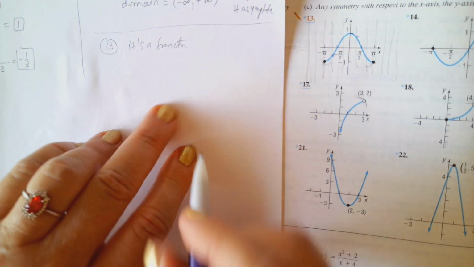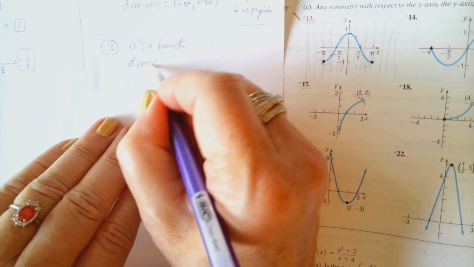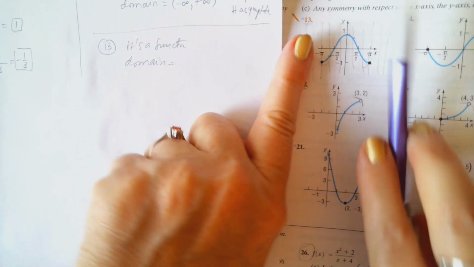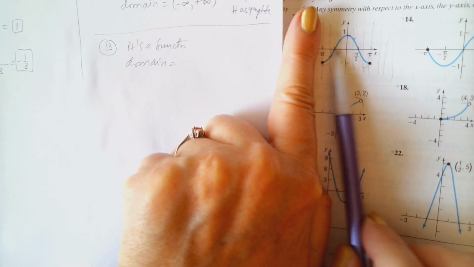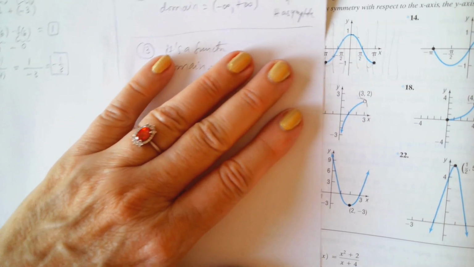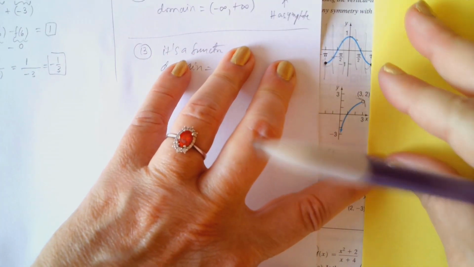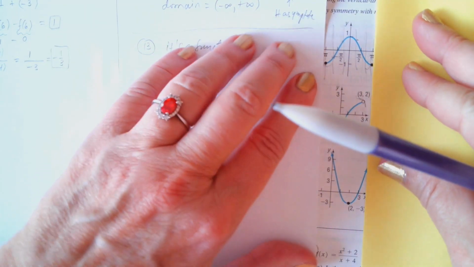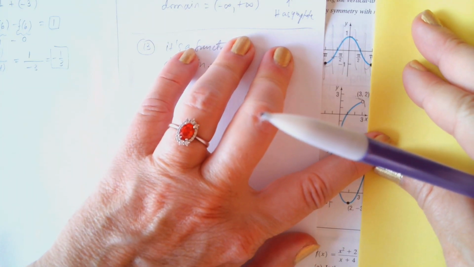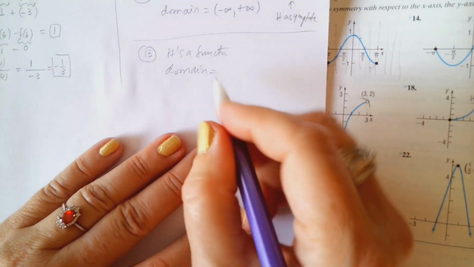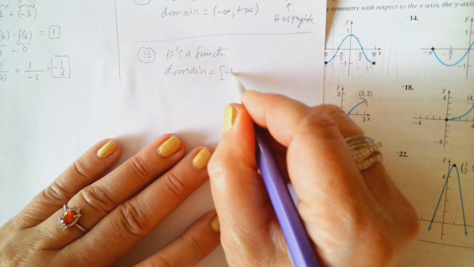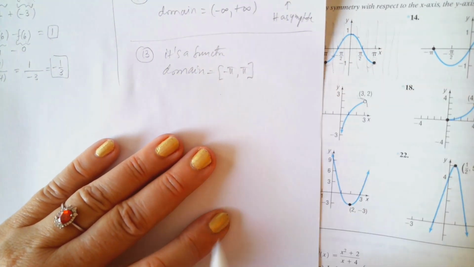Okay, so let's see the domain. For this one, I look at the x-axis. There are points on the graph that have x coordinate between minus pi and pi. You see that on the x-axis, the graph goes between minus pi and pi. So that's going to be the domain, including minus pi and pi, so I have brackets.